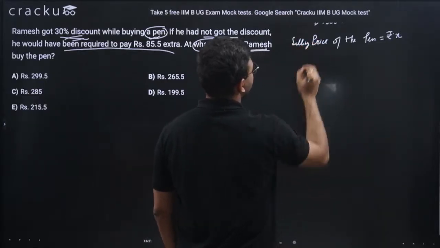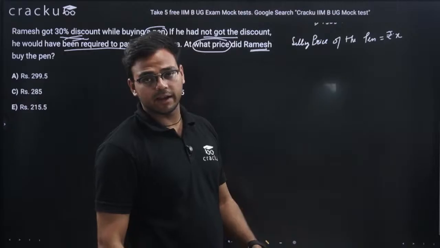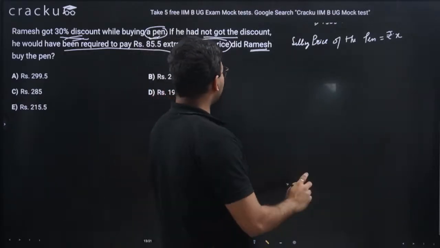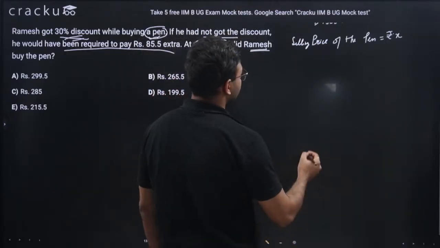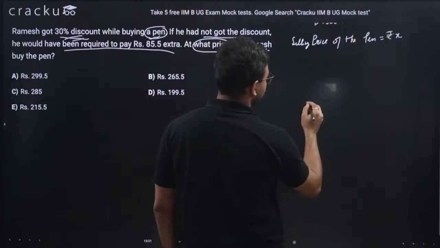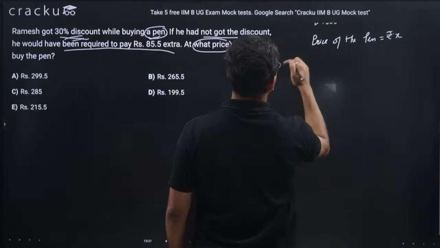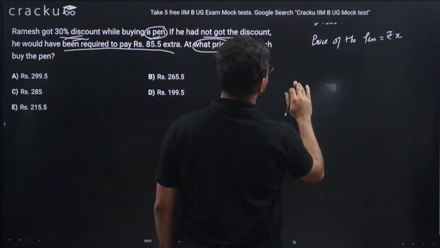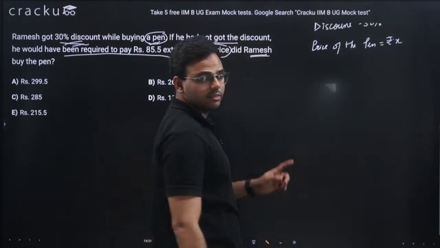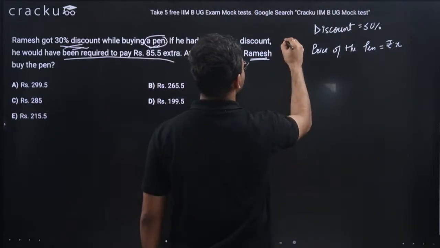I'm assuming that the selling price of the item is rupees X. Since he's getting 30% discount, this will be the mark price.